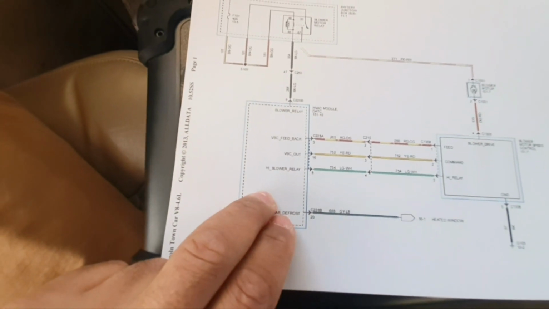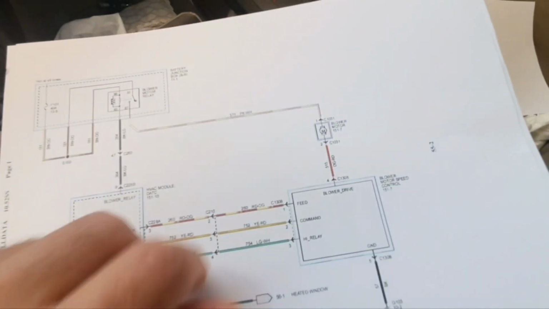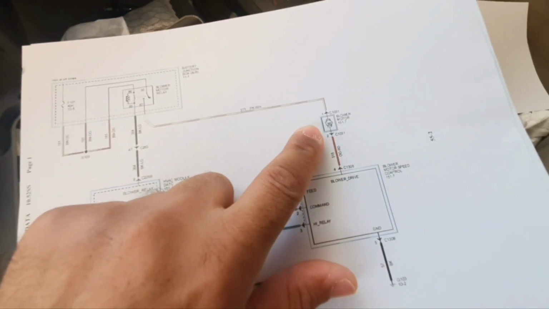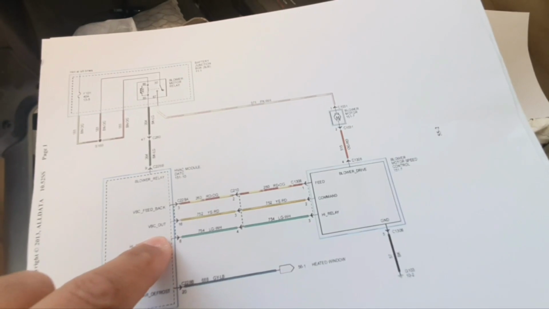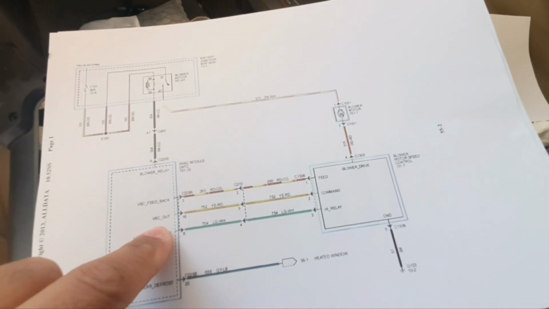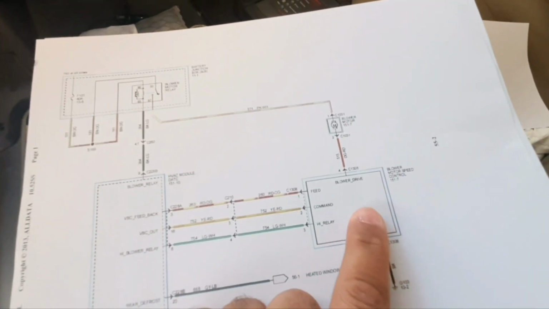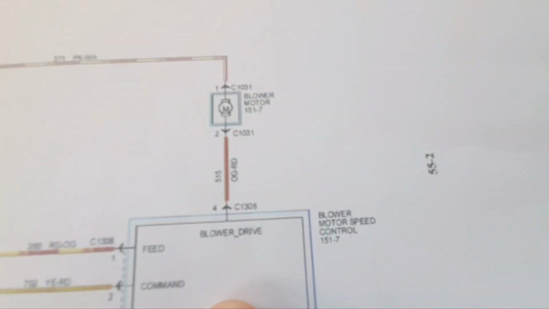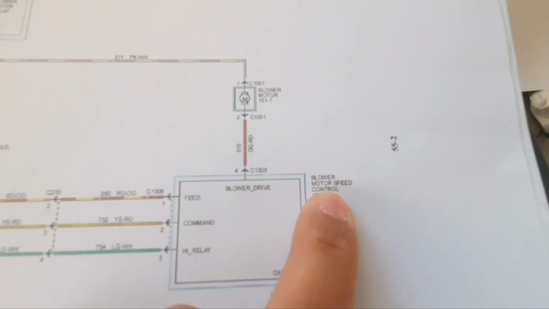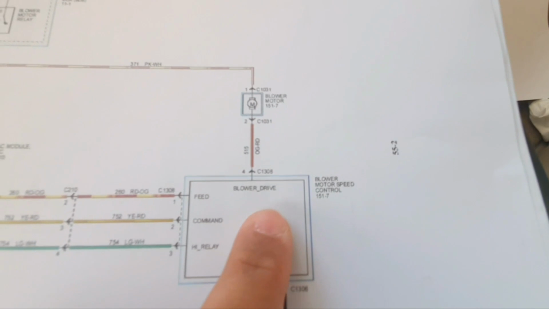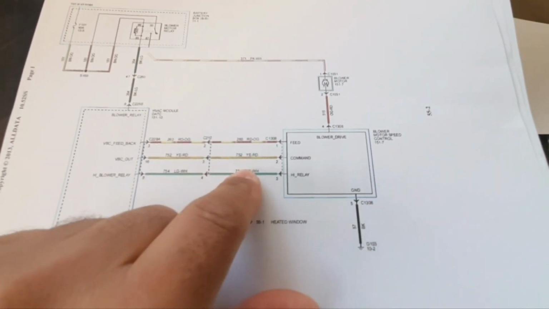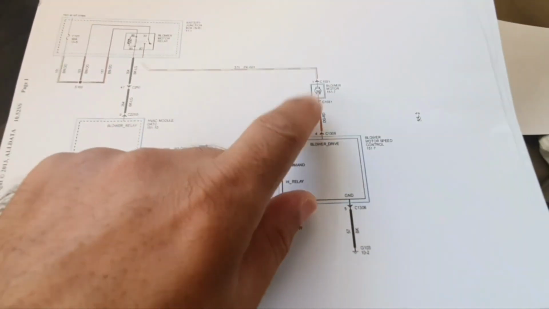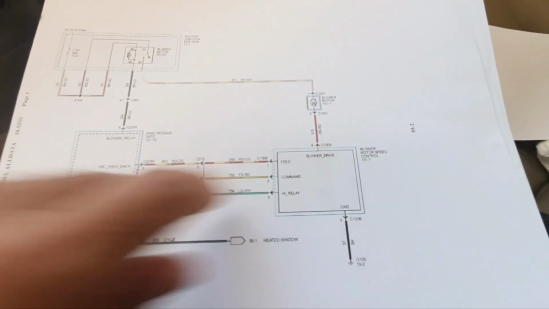This module controls the blower motor, but the blower motor is not connected directly to this control module, but instead is connected to a speed controller. As you can see, it is written here, blower motor speed control. So this speed control gets a signal that controls the fan or the blower motor speed.